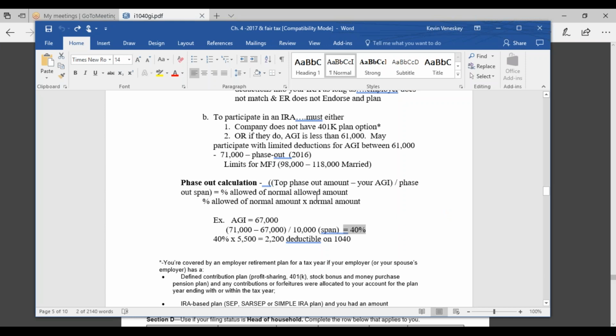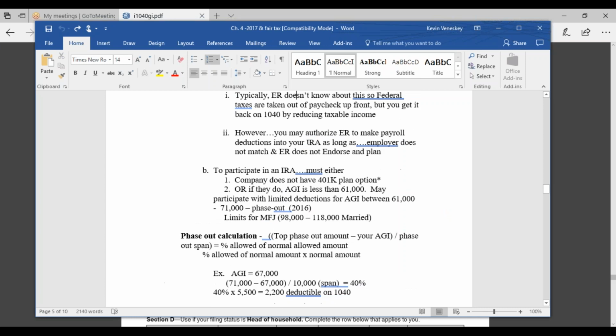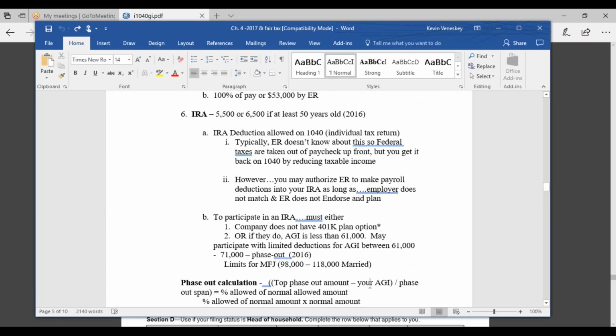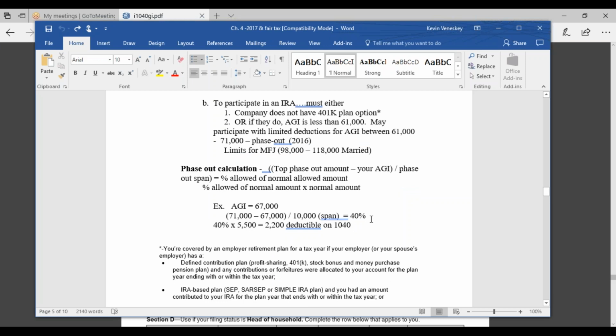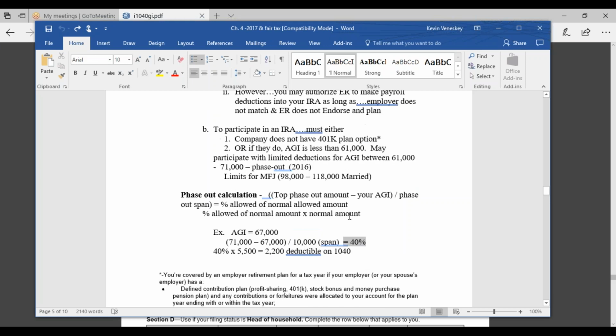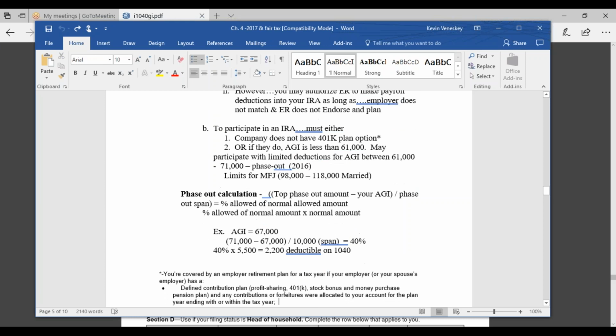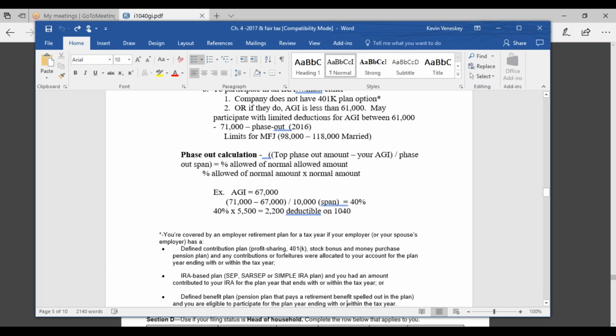So if the top number was 5,500, because remember that's what an IRA is, if we were at the age where we were allowed to do 5,500, this phase out would tell me that of that 5,500, you can only do 40% of it. 40% of 5,500 is $2,200. That's how much you would be able to put into an IRA and deduct on your 1040.